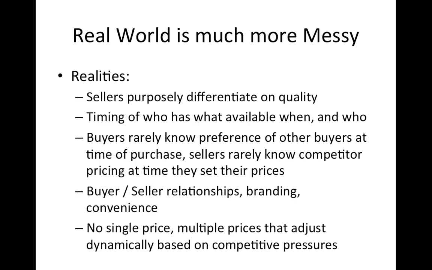So when I find somebody that's willing to sell it lower than what I'm willing to pay, I may go ahead and act on that without doing a lot of seeking for lower prices, just because I'm not sure there will be any. All right. Same thing with competitors. When they set their prices, they really don't know much as sellers about what the other competitors are going to set their prices at.